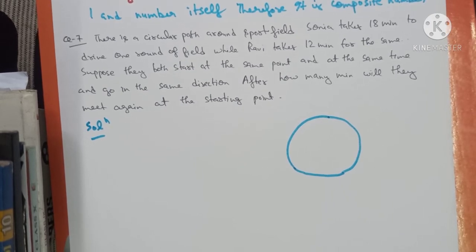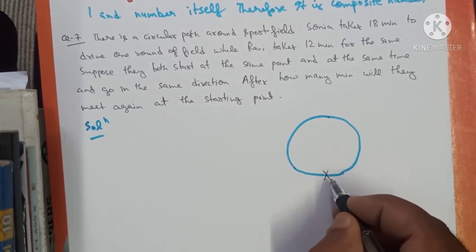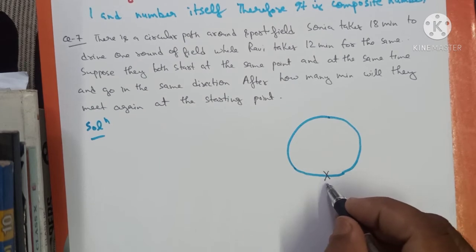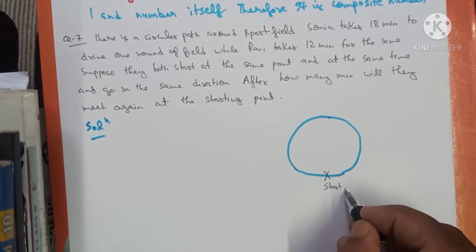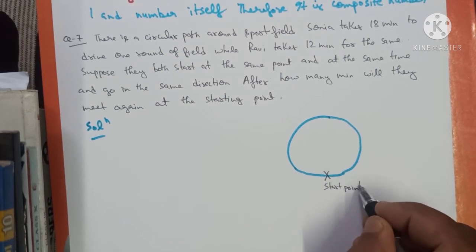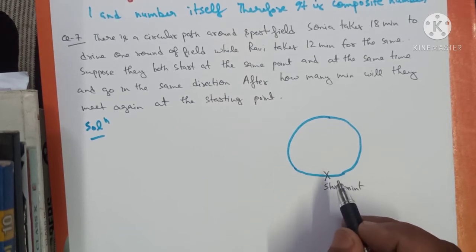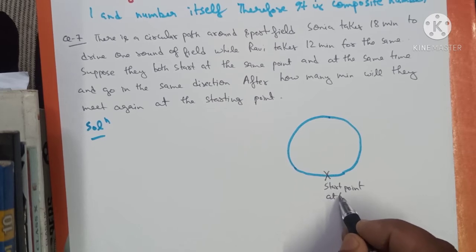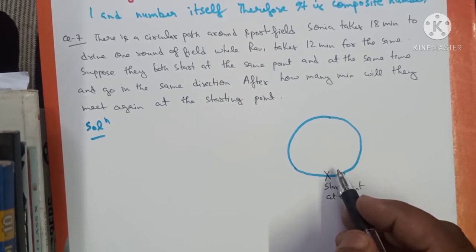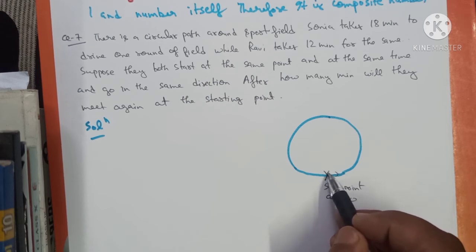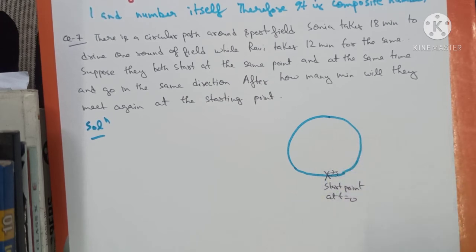Suppose this is the starting point, and they start at the same point and at the same time, at t equals 0. They go in the same direction, like this.